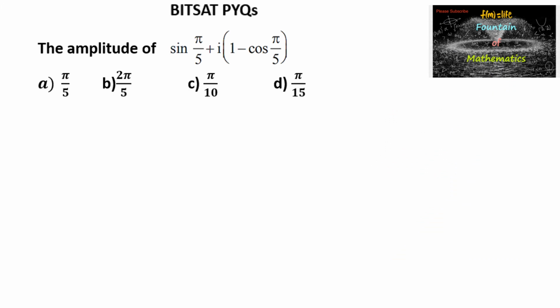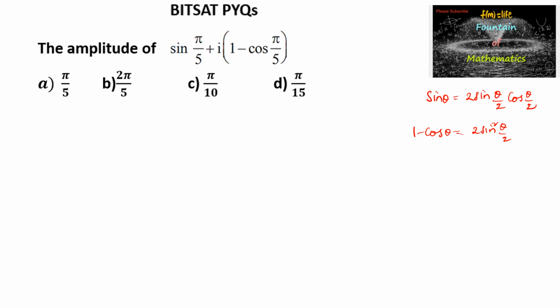We need to find the amplitude of the complex number sin pi by 5 plus i times (1 minus cos pi by 5). First let us simplify this complex number in the form of a plus ib. So sin theta we can write as 2 sin theta by 2 cos theta by 2, and also 1 minus cos theta we can write as 2 sin square theta by 2.